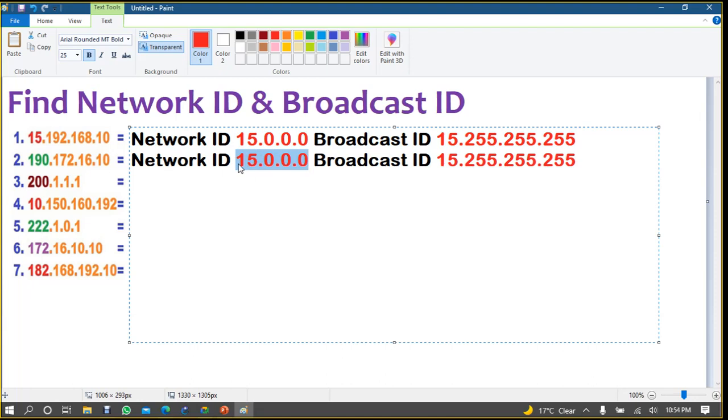First of all, how are you going to get this network ID? You have to find out which class 190 belongs to. 190 belongs to class B, and class B has two network and two host octets, right? So 190.172.0.0, host will be 0.0 in the network ID.